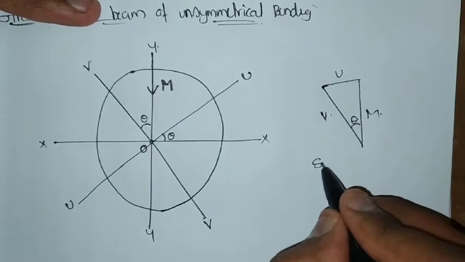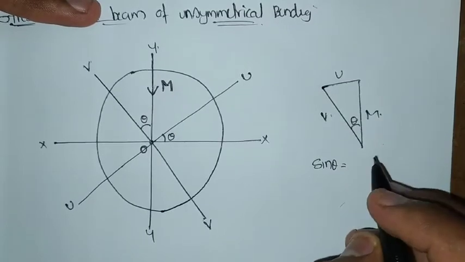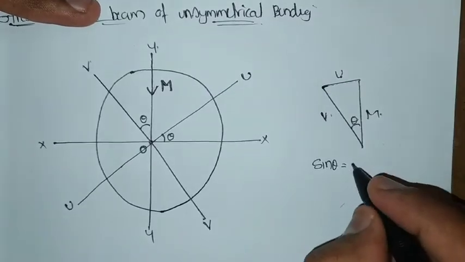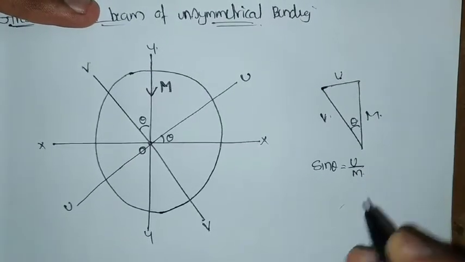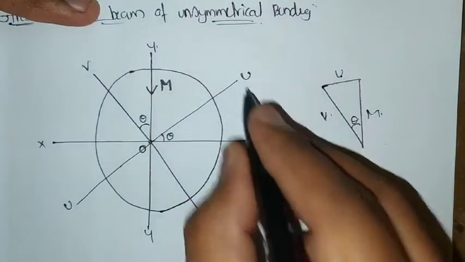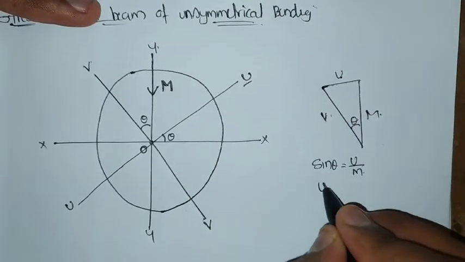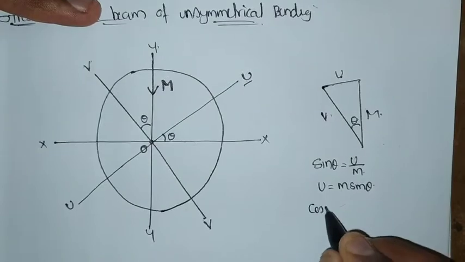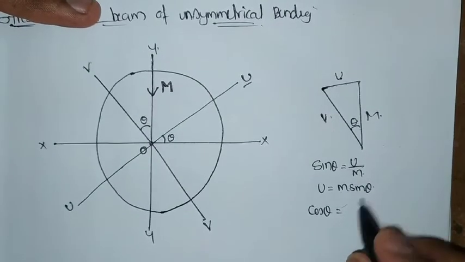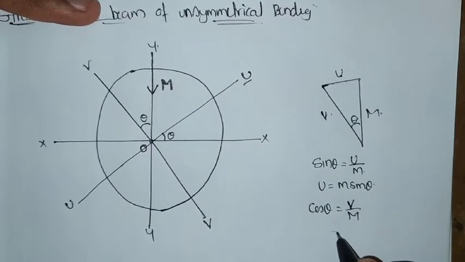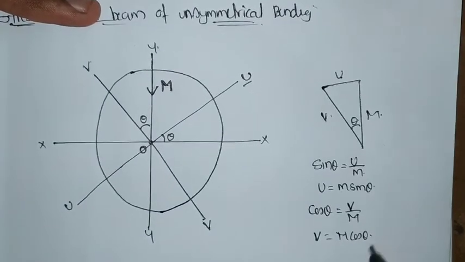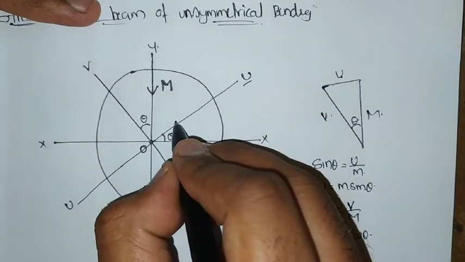From this, sin theta can be written as opposite by hypotenuse. Here opposite is U and hypotenuse is M, so sin theta is U by M. From this, the value of U is equal to M sin theta. Similarly, cos theta is equal to adjacent by hypotenuse, that is V by M, so the value of V is equal to M cos theta. So place these moments here.